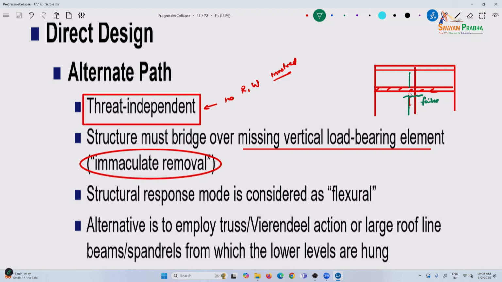We are not going to be looking into it today, but this is what is notional removal. So a failure in the column rather than the beam, so that the integrity of the beam is maintained.